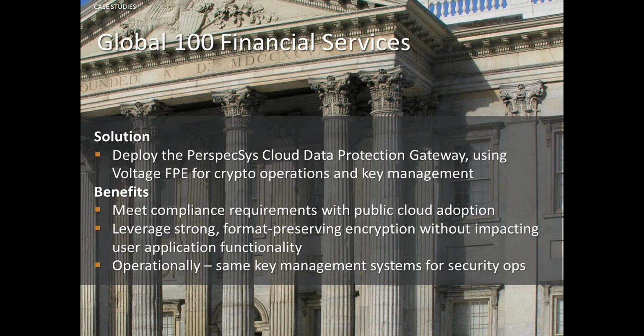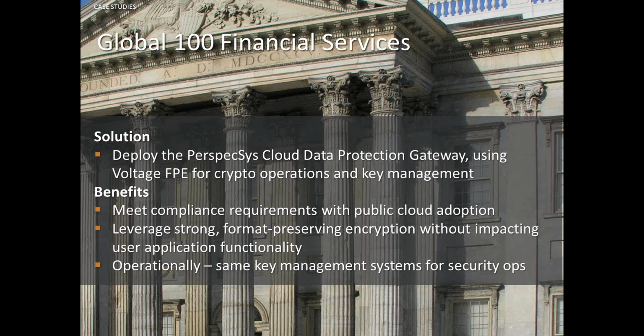Just to aggregate the key benefits, there were really three. The organization was able to meet their compliance requirements by adopting the public cloud by leveraging solid, well-vetted cryptographic approaches. The format-preserving encryption meant that the deployment didn't have any data operational challenges in working with the cloud.